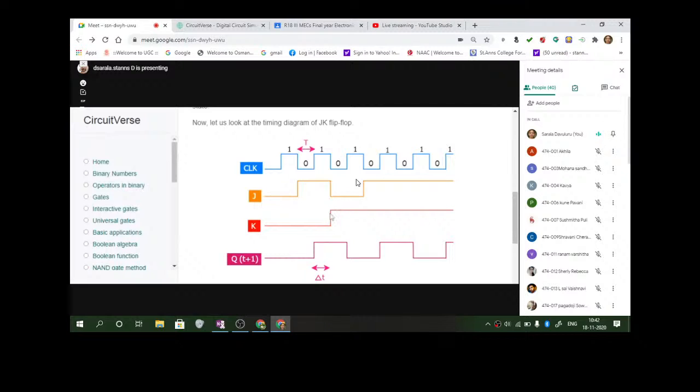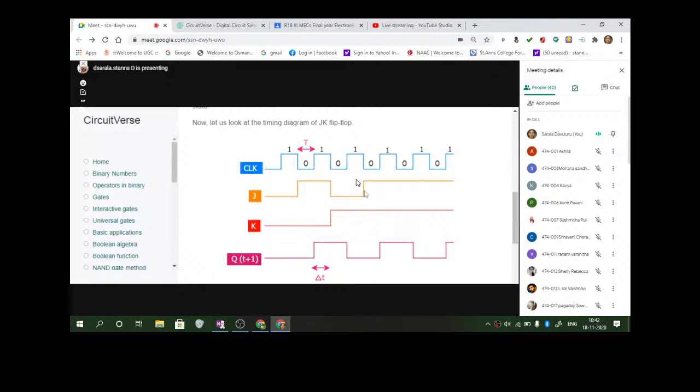You expect immediately at this stage, since K is high and J is 0, Q to go 0. But it is not going 0 at this stage, it is going 0 at this point. This is the delay.